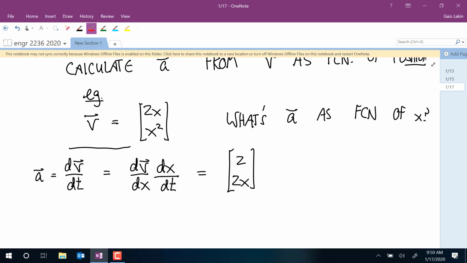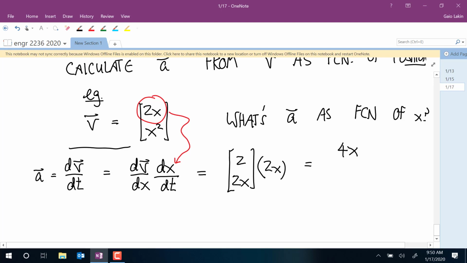Right? Because velocity is the time derivative of the position. And so now we multiply this by 2x, and that says 4x squared is the acceleration of the particle for any given x position. And we did it by taking the time derivative without knowing any explicit time dependence. That's going to be a useful thing.